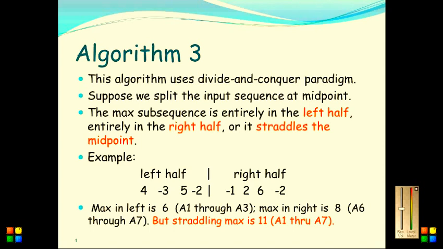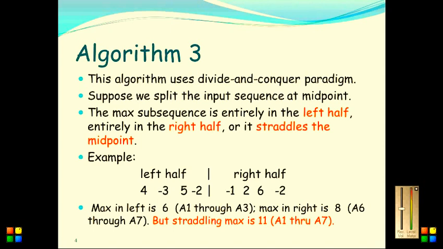The answer is no, because you may still end up with a case where the maximum subsequence spans both the halves. So not only do you have to find the maximum subsequence of the left half and of the right half, but you also need to find the maximum subsequence that spans both halves. The first 2 are easy because you are making a recursive call. The third one, finding the straddling sequence, is the tricky one.